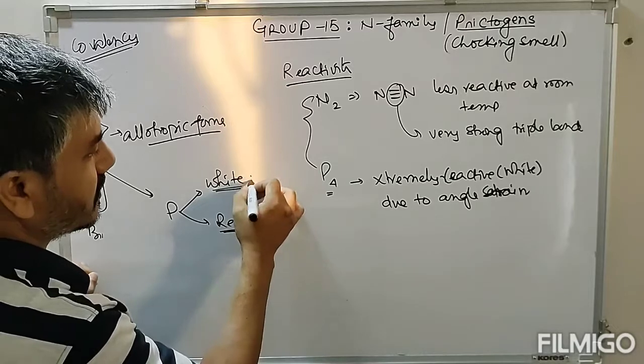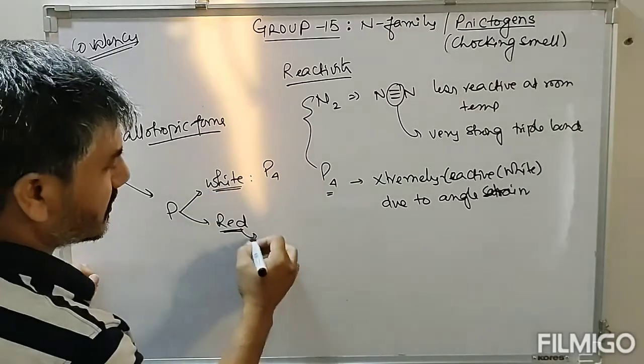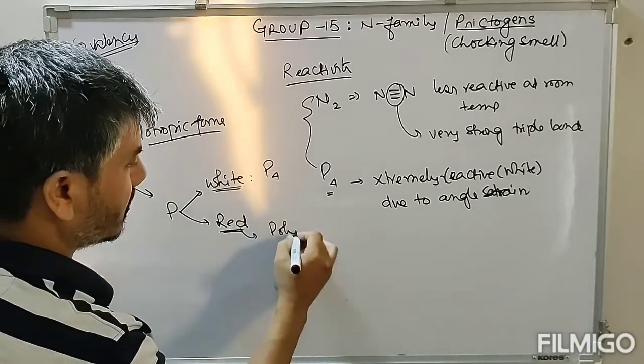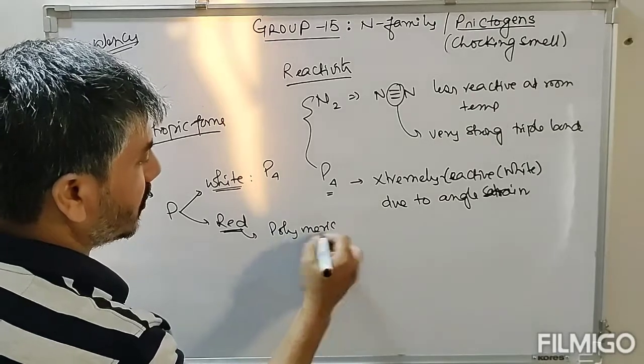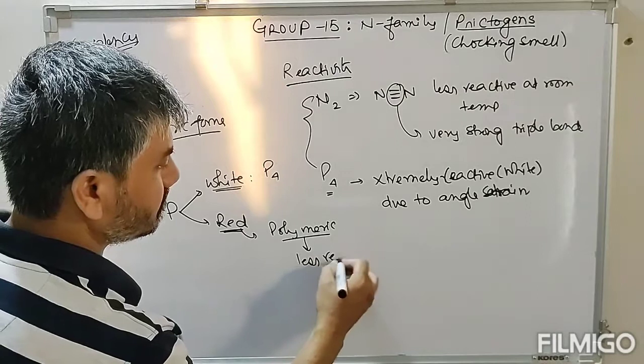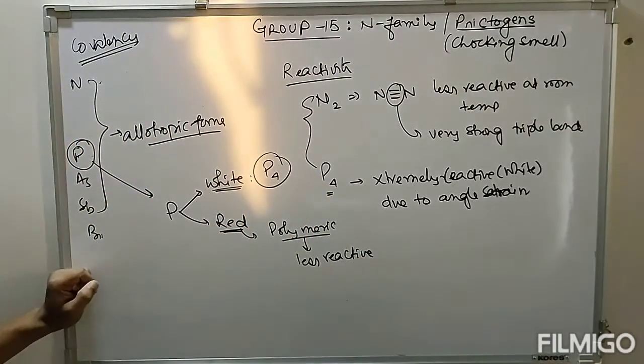White is tetrahedral P4 and the red is a polymeric form. Being a polymeric form, it is less reactive, while the monomeric form P4 is the most reactive.